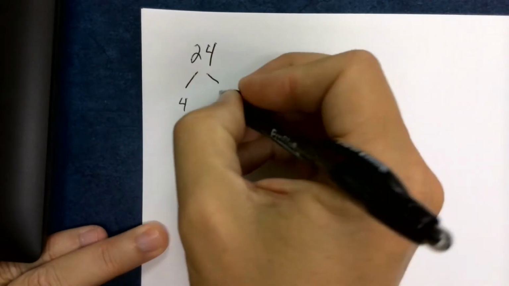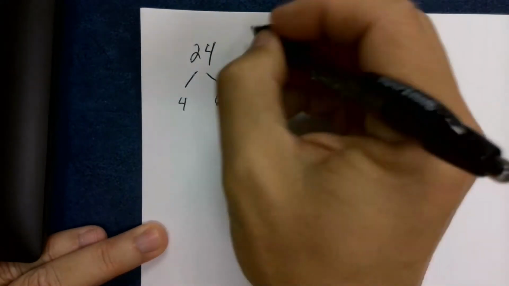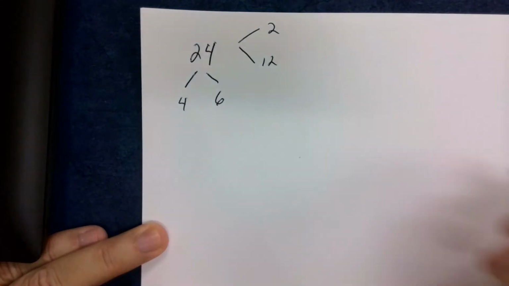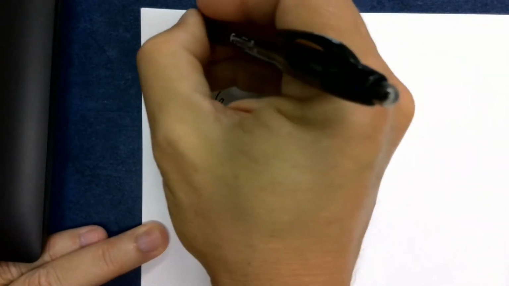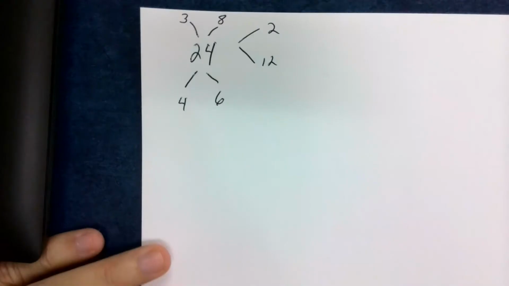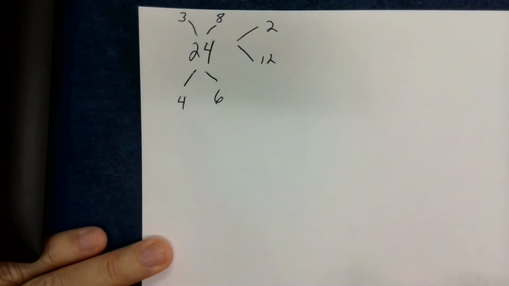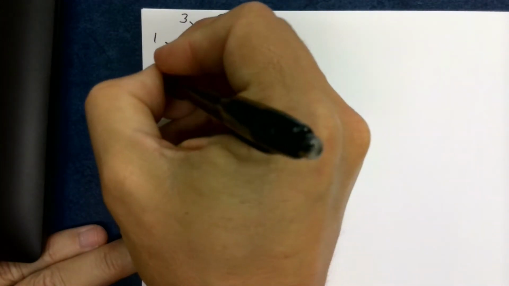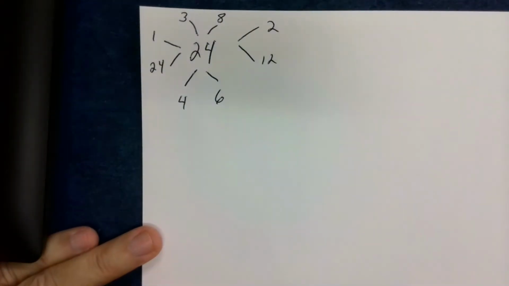So 4 and 6 could be a possibility. If I break it off here, 2 and 12 could be a possibility. If I break it off here, I can go 3 and 8. And if we went into partial numbers like fractions, then we'd have an infinite number, but there's only so many whole numbers that this works for. Of course, the basic one right here, 1 and 24, also work out.